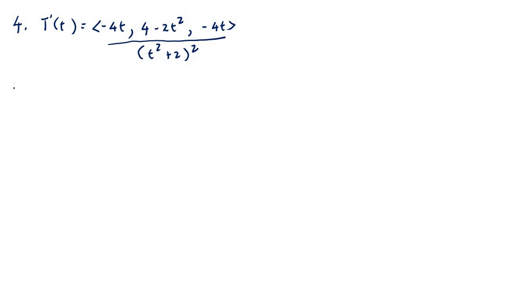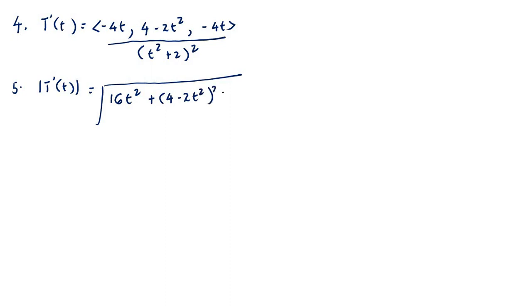And then we find number 5, the magnitude of T prime t. Here we have the square root, square each component. So negative 4t squared is 16t squared, plus 4 minus 2t squared squared, plus here 16t squared. Denominator squared, we have t squared plus 2 squared.